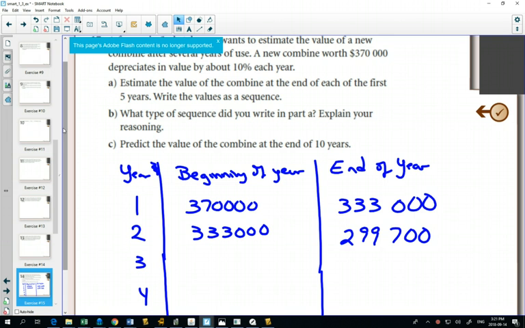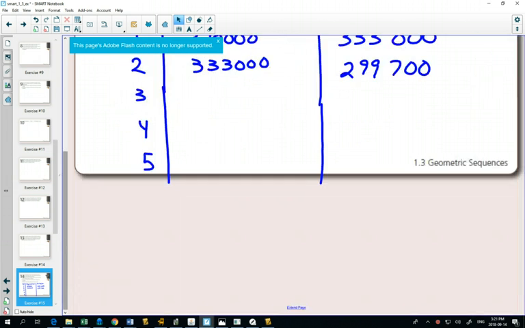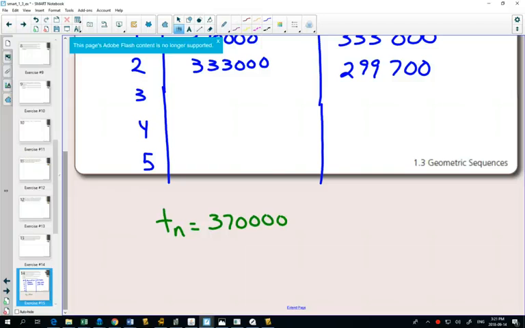So then I can make a formula for this that says term n is going to be term 1, r, which is 0.9, 90%, to the n minus 1. There's a formula, geometric. We've decided that 370,000 is term 1. Okay?